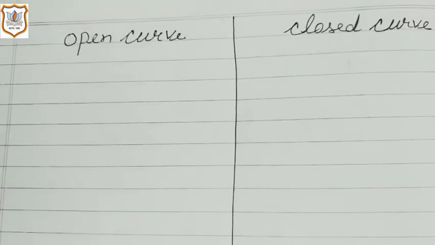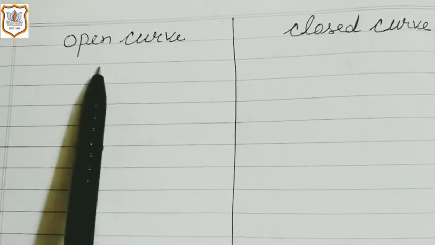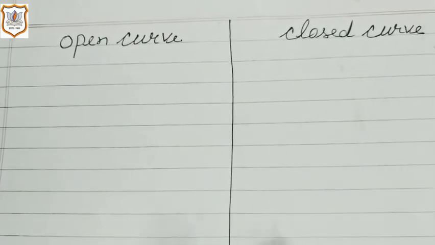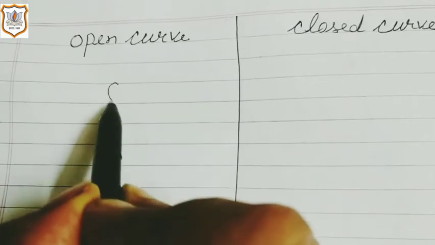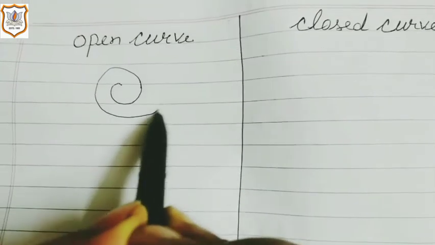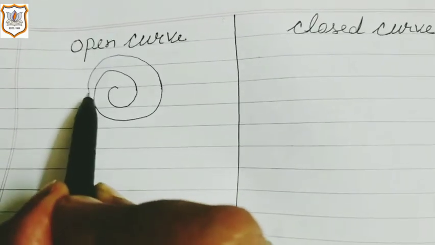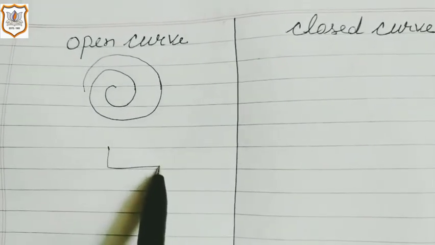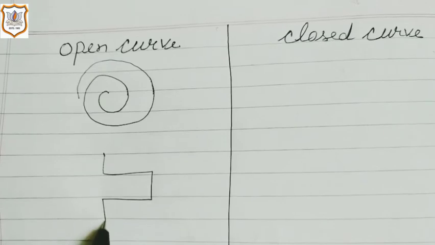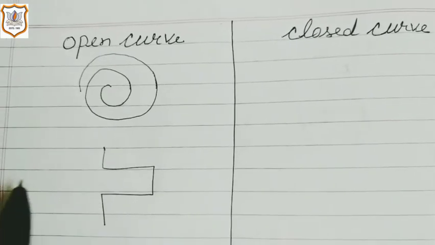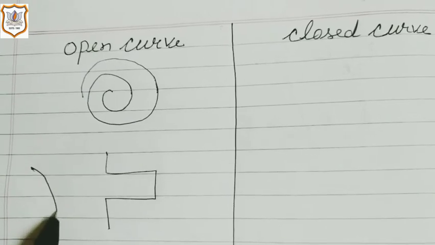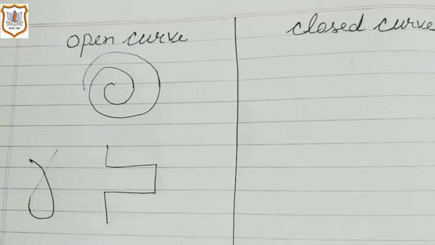Students, now we will discuss open curve and closed curve. If we draw like this, it is an open curve, and like this is an open curve. Again, like this is an open curve.